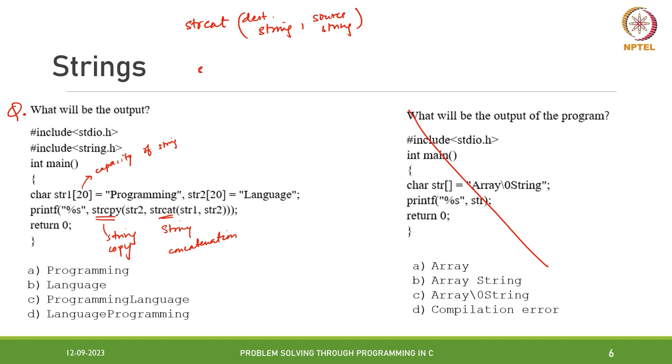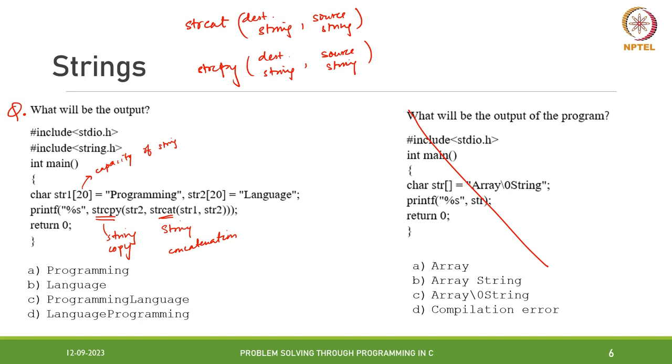Okay. Similarly, strcpy also works in a similar manner: destination string, source string. So this is the syntax for both strcat and strcpy functions. So these are inbuilt library functions which are available in string.h.